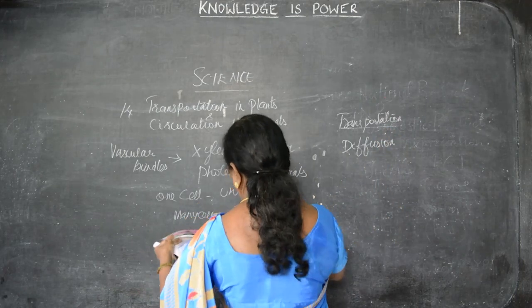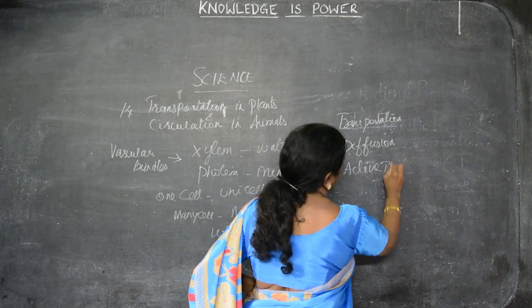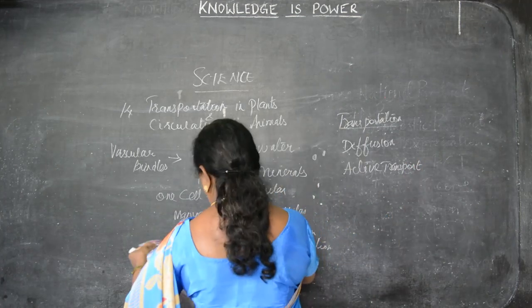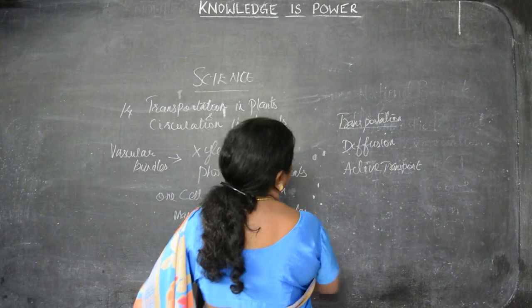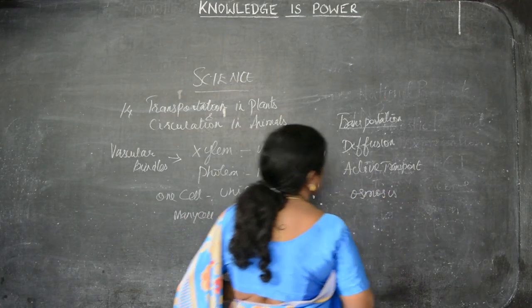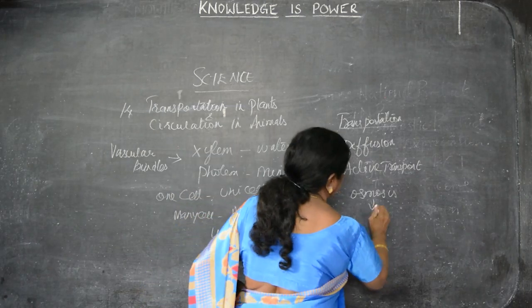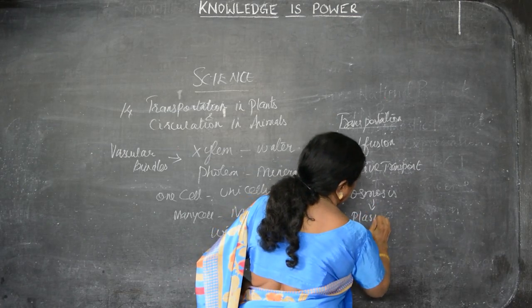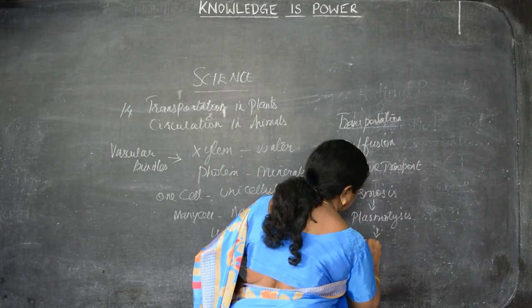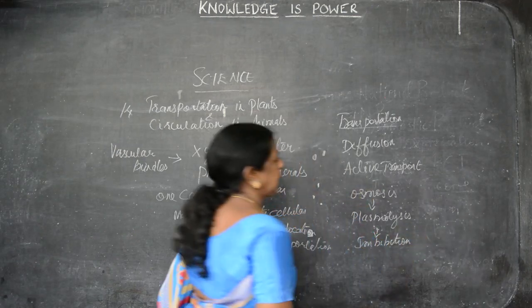The other one is active transport. And the third one is osmosis. In osmosis, there are two, plasmolysis and imbibition. Let us see one by one.